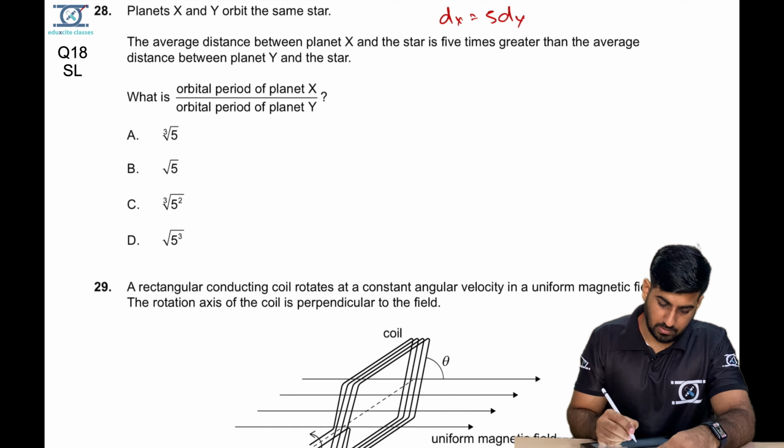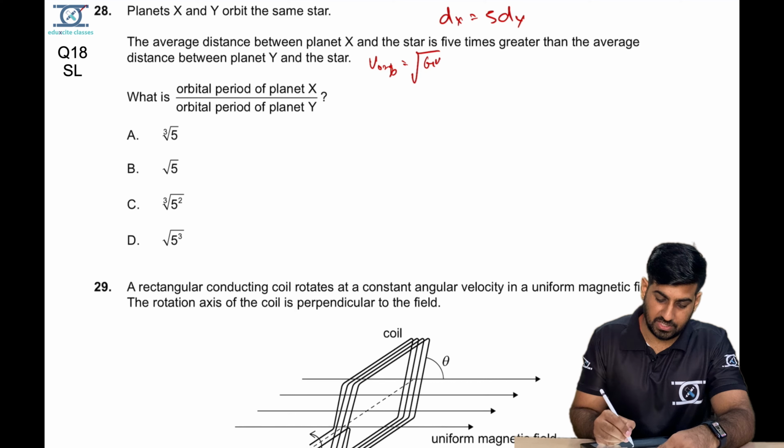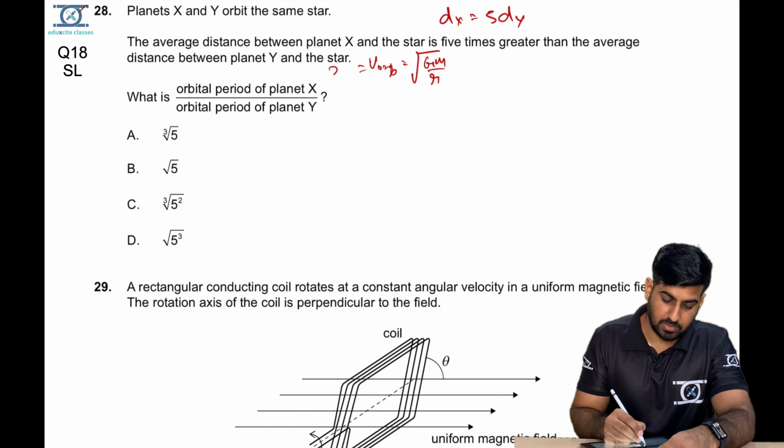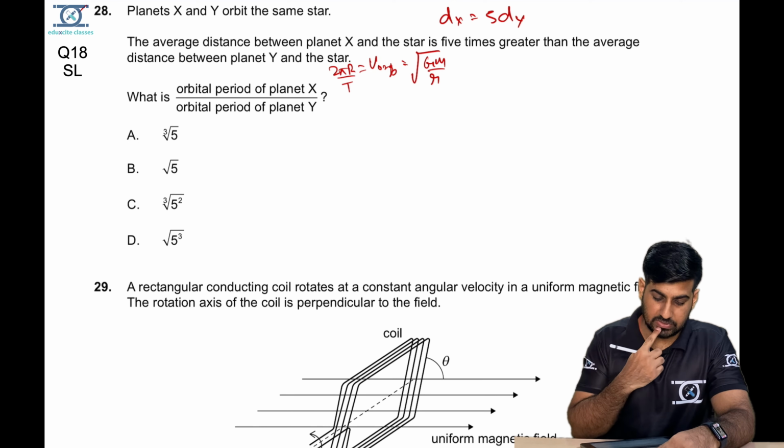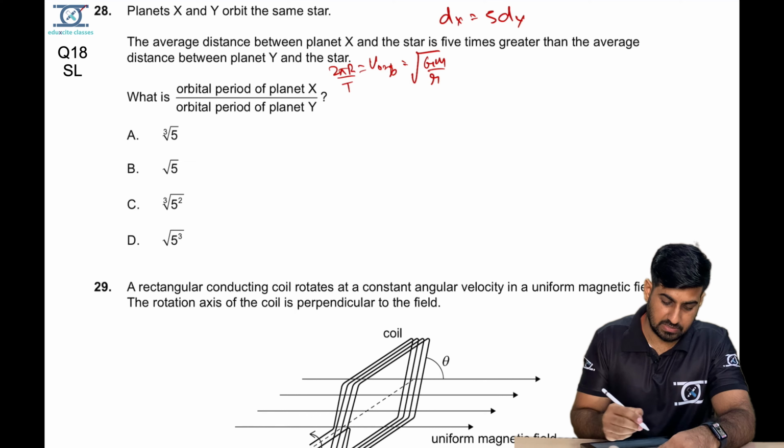So we know that a formula is given in your data booklet, V orbital. Okay, V orbital is under root of GM by r. And V orbital is nothing but 2 pi r over T. Okay, so the distance is nothing but the r only, the distance r x and this is r y.